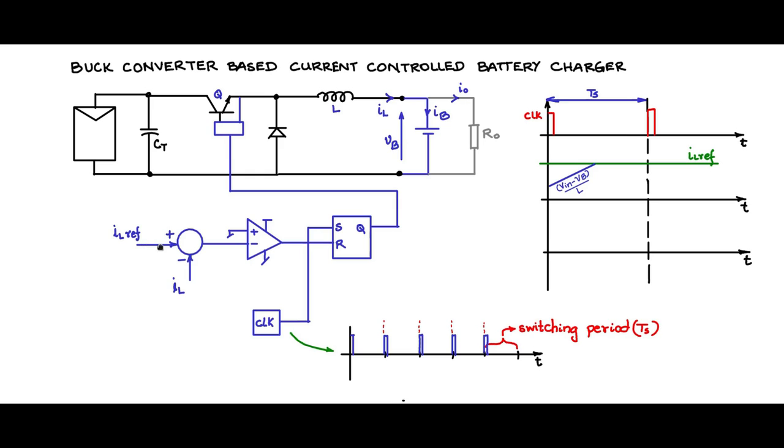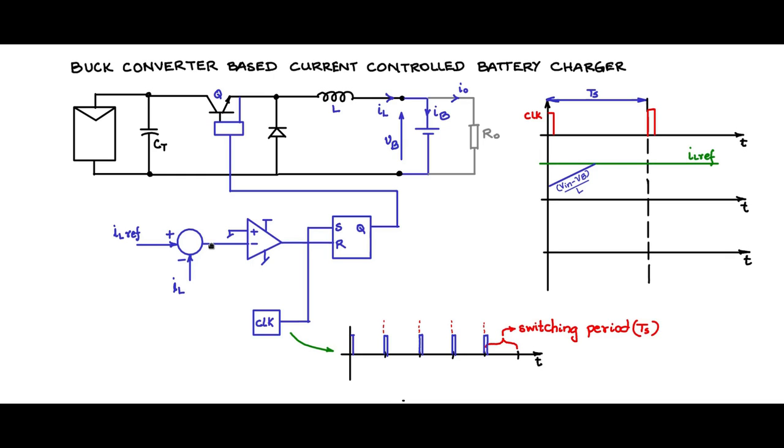IL ref is higher than IL. So when IL ref is higher than IL, the output of this algebraic summer will be positive, but that is connected to the negative of the comparator, and the output will be low. The reset pin will be low. No change on Q. So it keeps increasing till the point when IL reaches and crosses over IL ref.